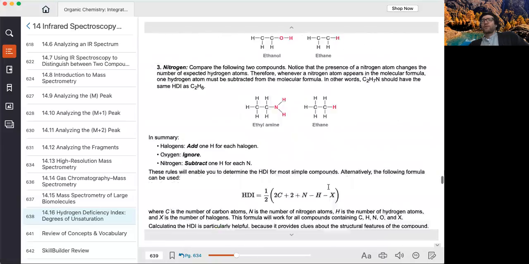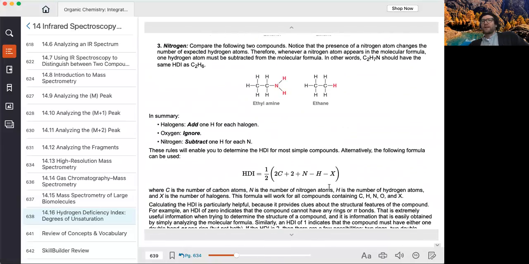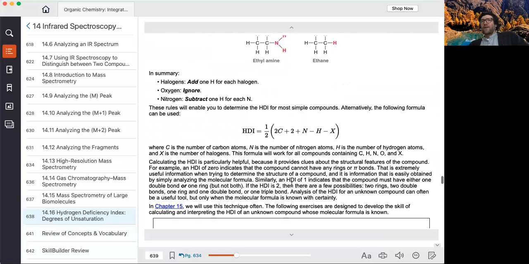So before we move on, here is the formula for the hydrogen deficiency index, as it's shown here from your book.